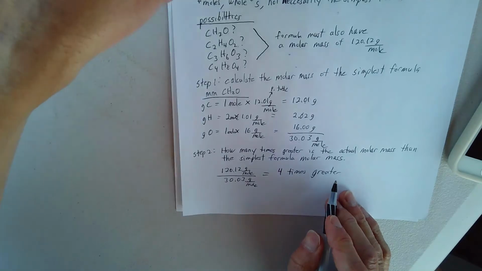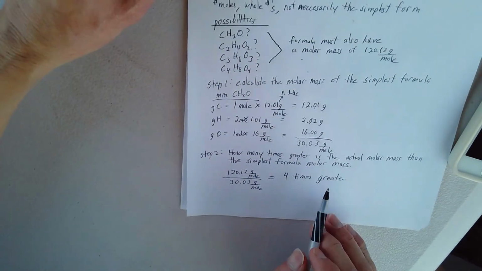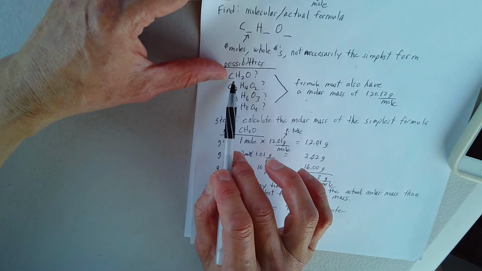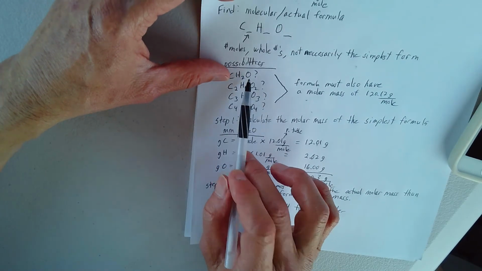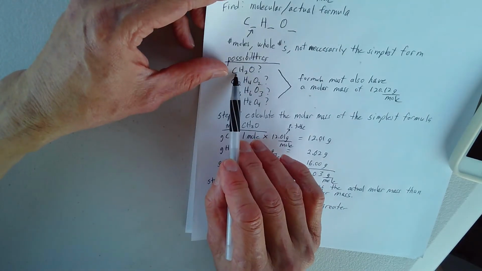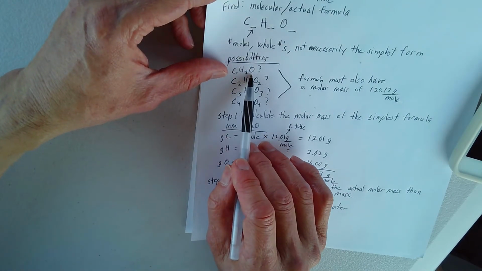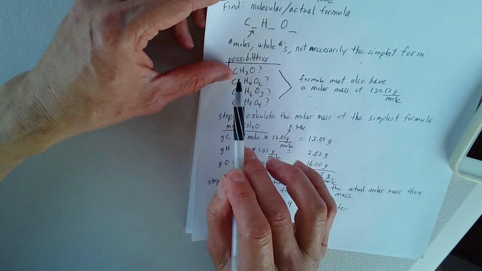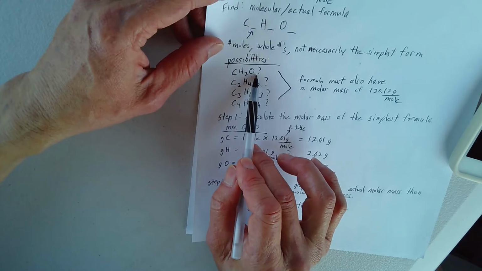So the actual formula would be 4 times greater than the simplest formula of CH2O. What coefficients do we need to make our formula CH2O 4 times more massive and keep this same 1 to 2 to 1 ratio?